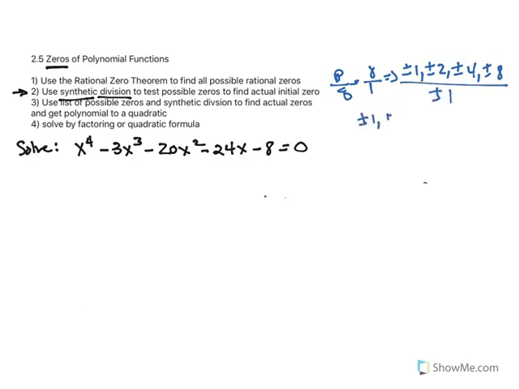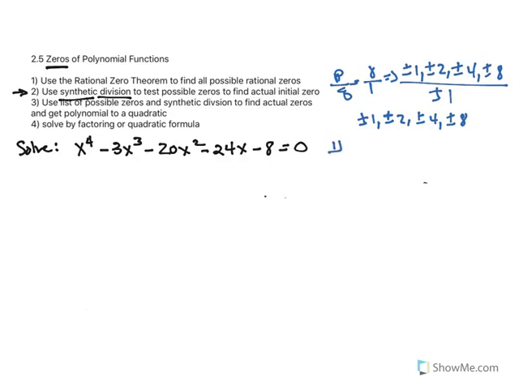So all of our possible zeros are as follows. And what does that mean for us? That means we have to sit here and test. My recommendation to you is to always try your 1s and your 2s and your 3s. All right, so I'm going to go with 1. So let's test.